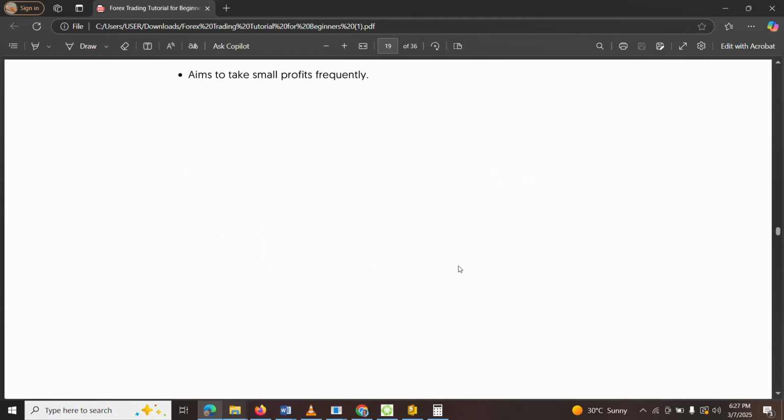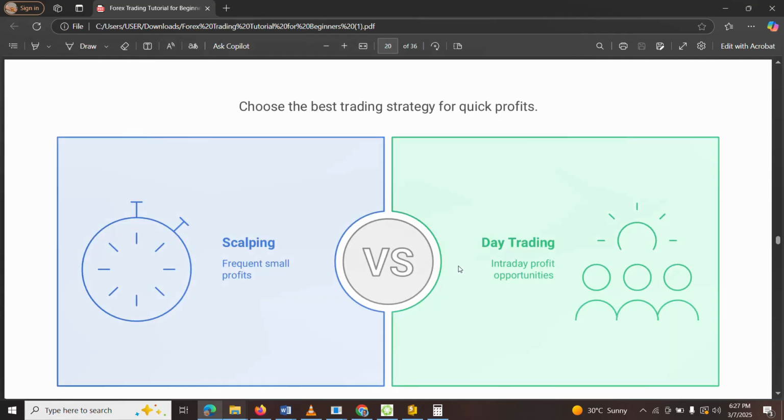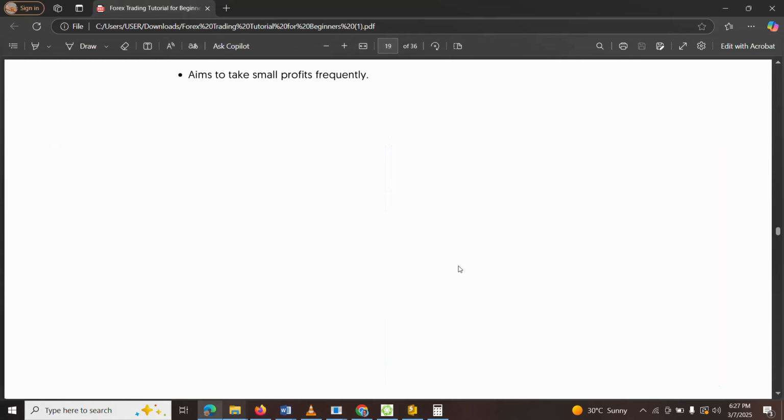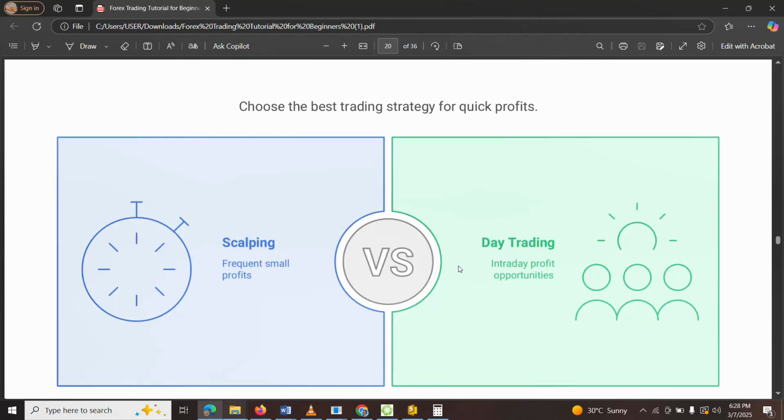We might want to talk about types of forex trading strategies. We have scalping, as illustrated here.